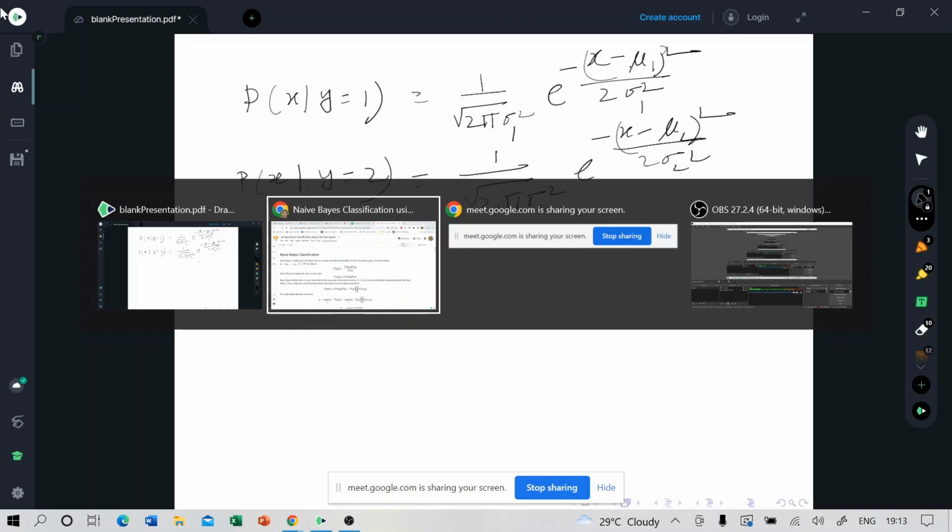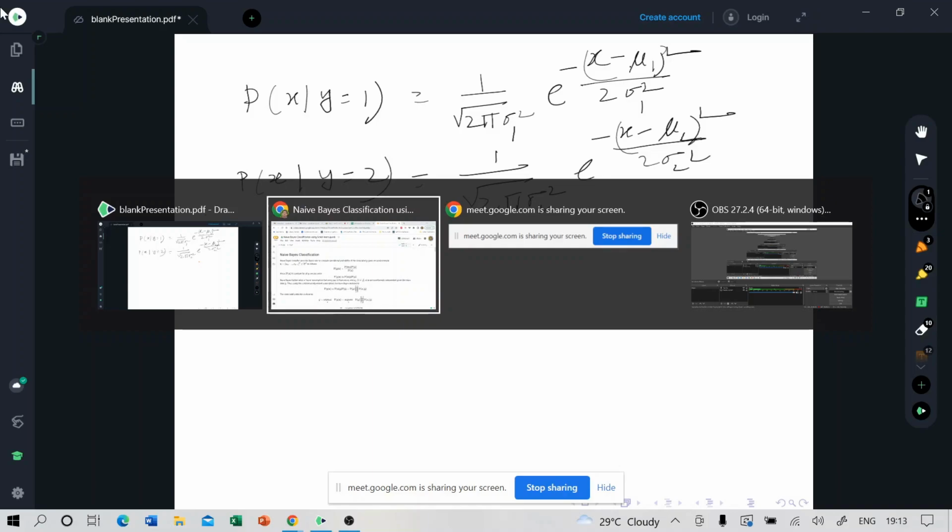So in this case your mean will be a d-dimensional vector, which is called the mean vector, and this sigma 1 and sigma 2 will be replaced by a covariance matrix, called capital sigma 1 and capital sigma 2.